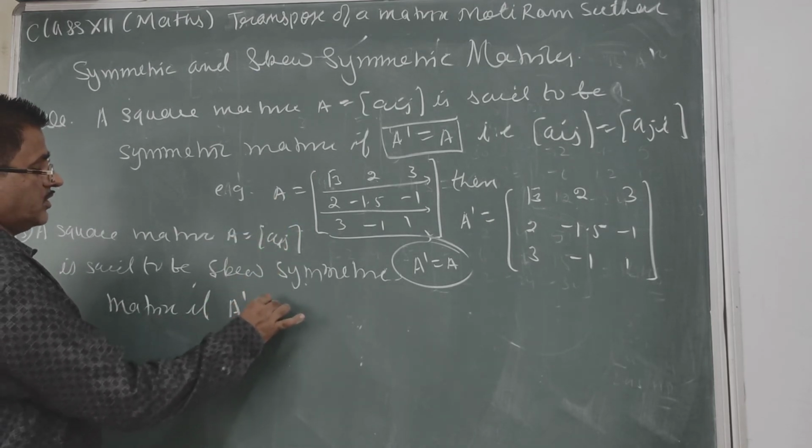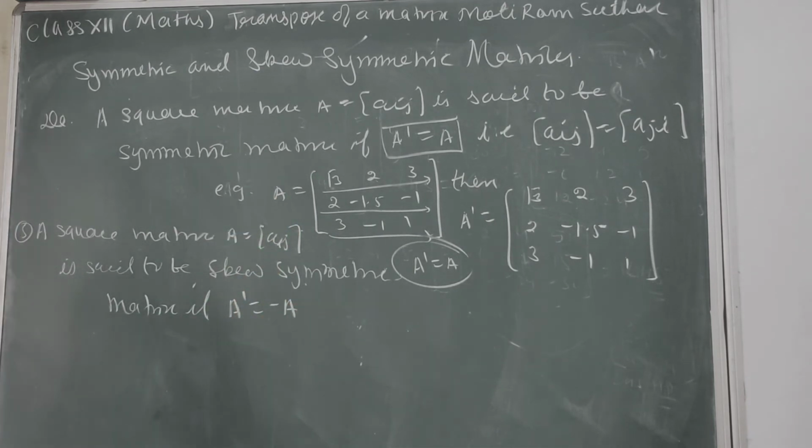A transpose equal to minus A. If A transpose is equal to minus A, then we call it a skew symmetric matrix.